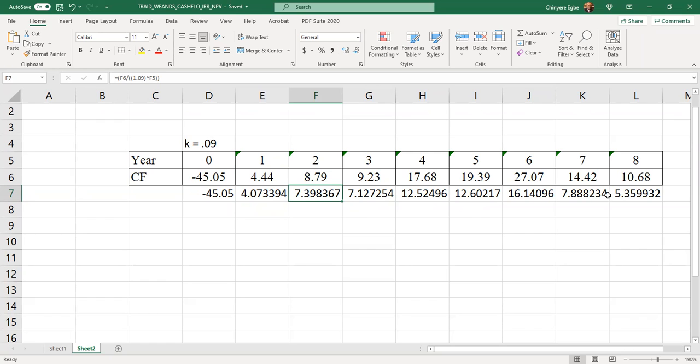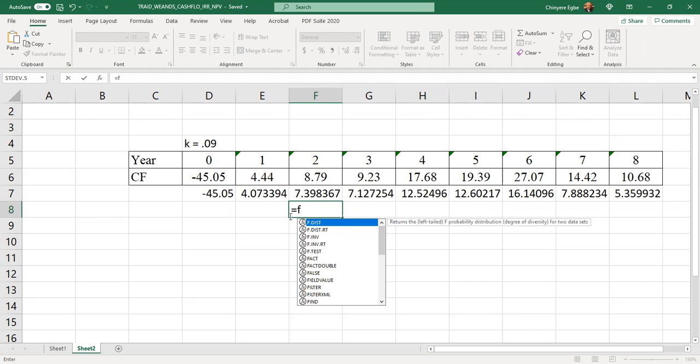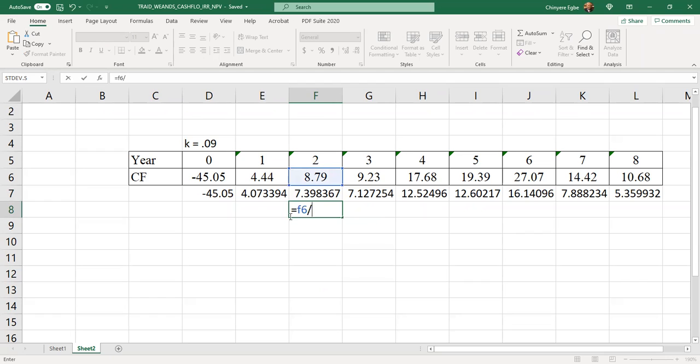You can verify this: equals F6 over 1.09 to the power 2. So you see, I get the same result as when I pulled it through.